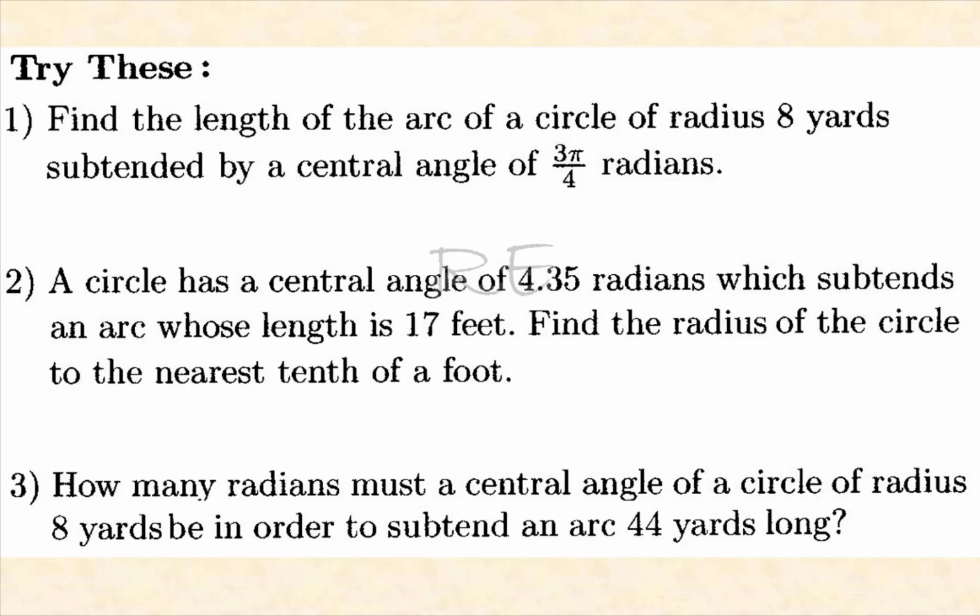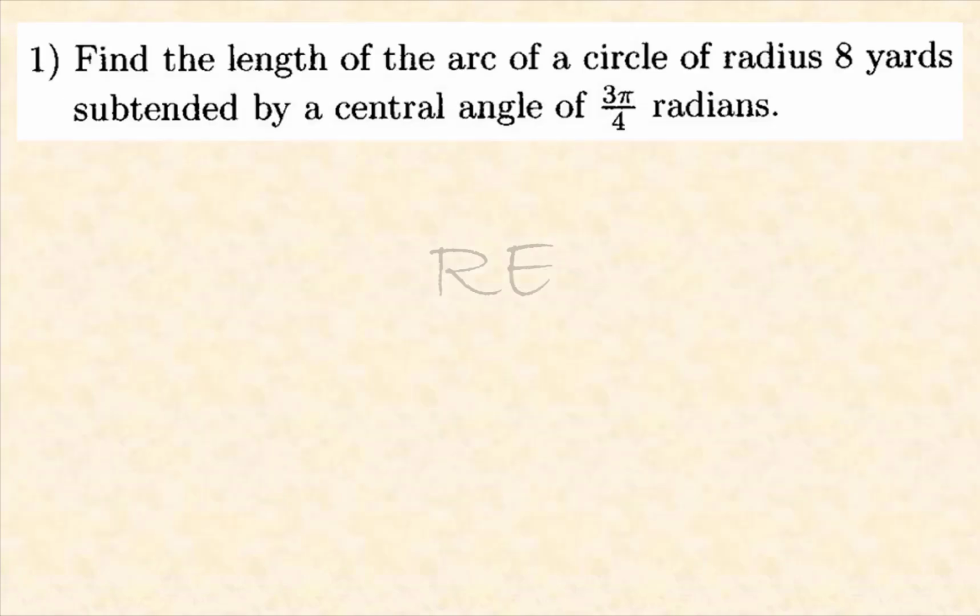Find the length of the arc of a circle of radius 8 yards subtended by a central angle of 3 pi over 4 radians. S is equal to R times theta.